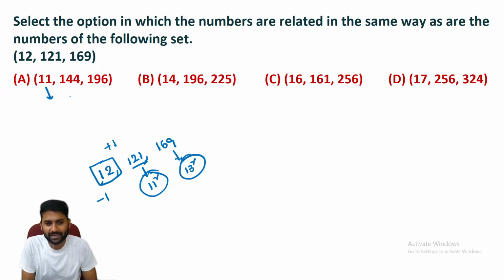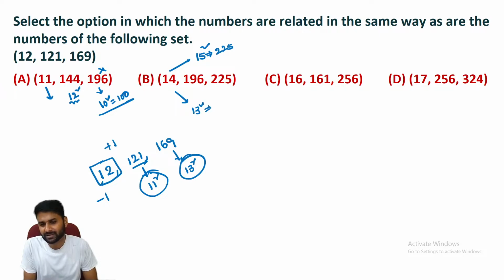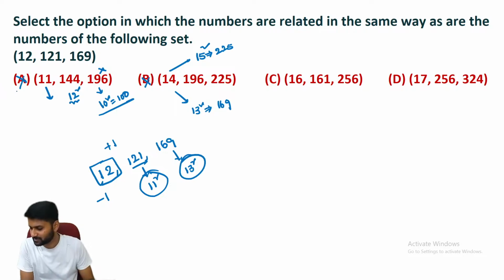11 plus 1 is 12, 12 square is equal to 144. 11 minus 1 is 10, 10 square must be 100. So this is the wrong pair. Now again, 14 plus 1 is 15, 15 square is equal to 225. 14 minus 1 is 13, 13 square is 169. Yes, it also satisfies the condition.